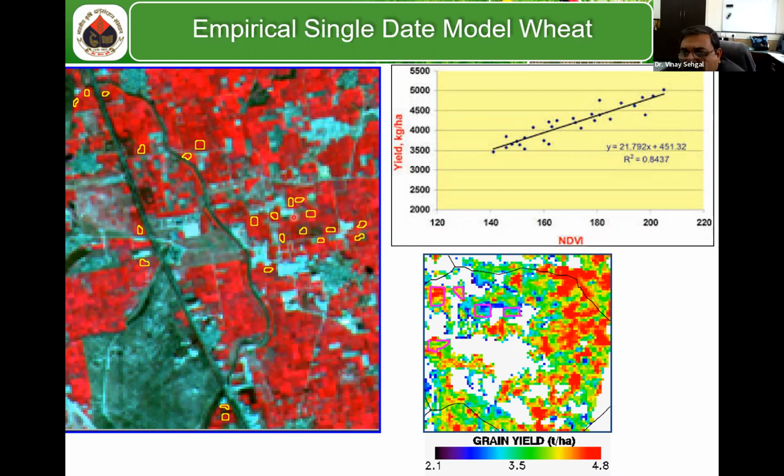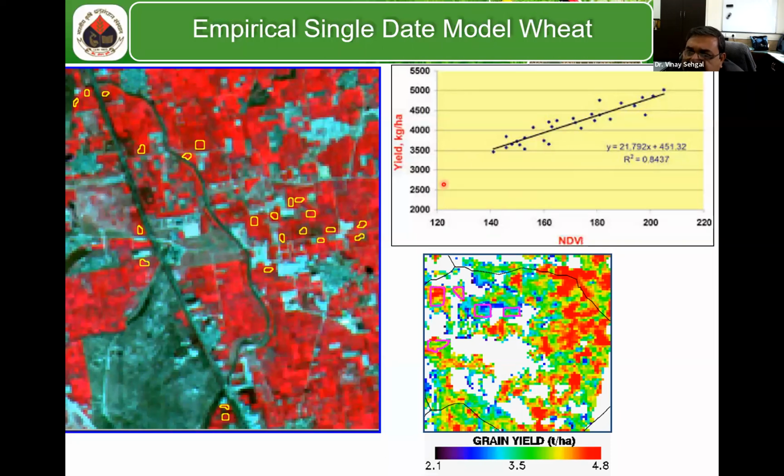What you can do is go into these fields at the end of the season, do the crop cutting experiment and generate the yield data. Once you have that yield data, you can go back and take satellite data around maximum vegetative growth or flowering, and develop a simple linear model.